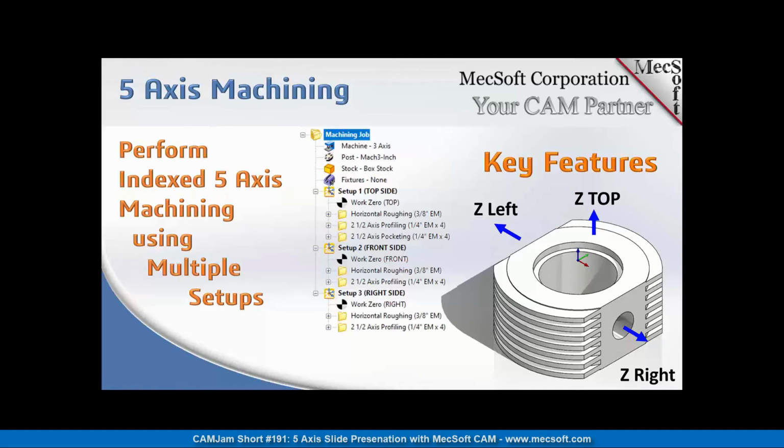And in this example, we have this part being machined from 3 sides, the right, the left, and the top. And there's an example machining job there in the middle where you can index your 5-axis machine at each one of these setups, lock it in place, and perform 2- and 3-axis machining operations.